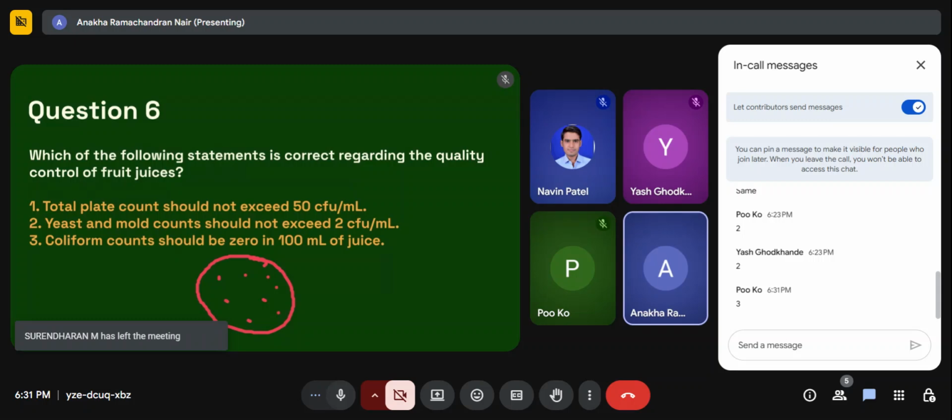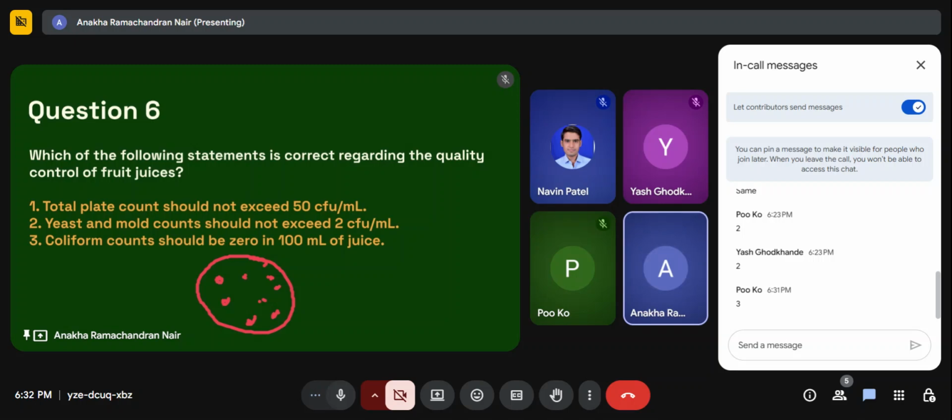So it will give you an estimate of how many living organisms are present per ml, because seeing one bacterium, especially if it is not in a concentrated solution, is not easy. That is why we do plating like this, because even if there is one bacterium, after you incubate it for multiple days, it will divide into thousands of cells and you will be able to observe that colony.